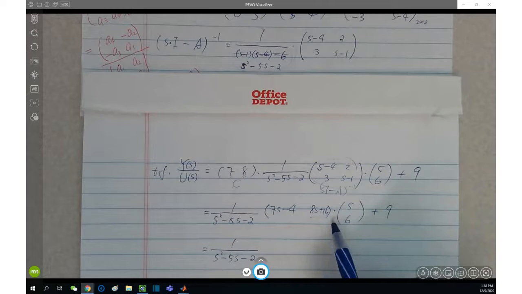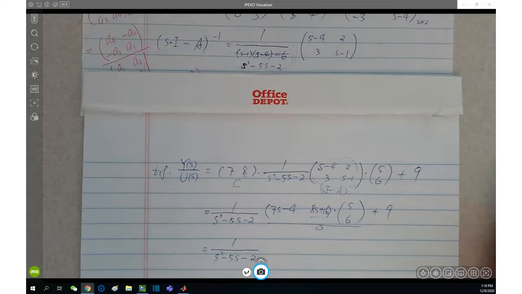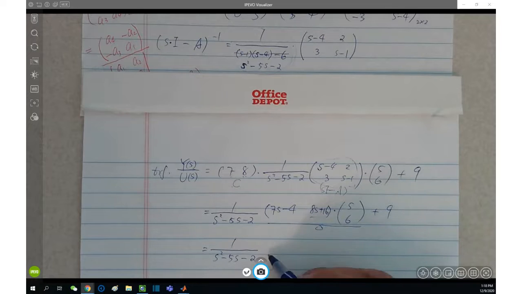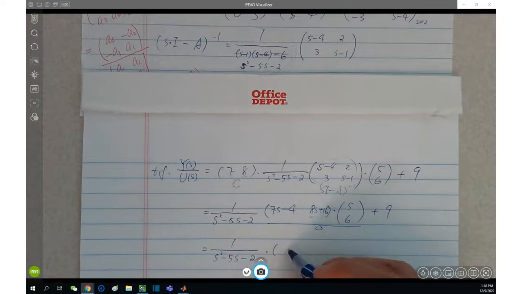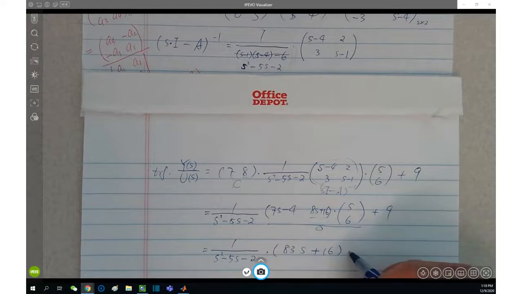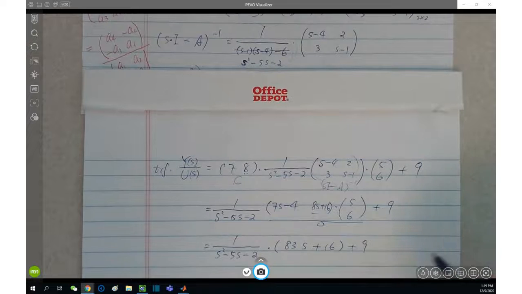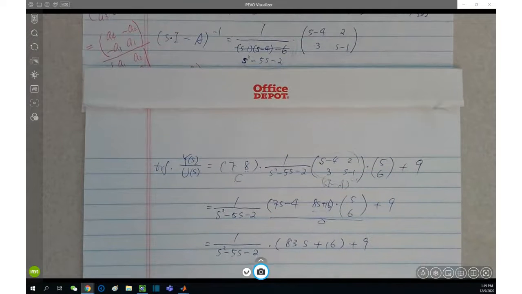What's the dimension of this product? One by one, correct. So eventually this equals to, if you do everything correctly, it should end up with this: 83s plus 16.